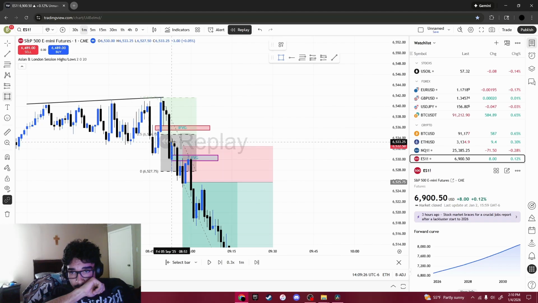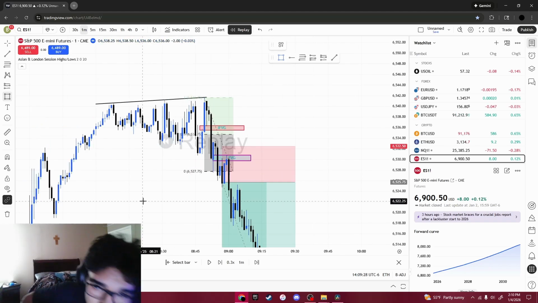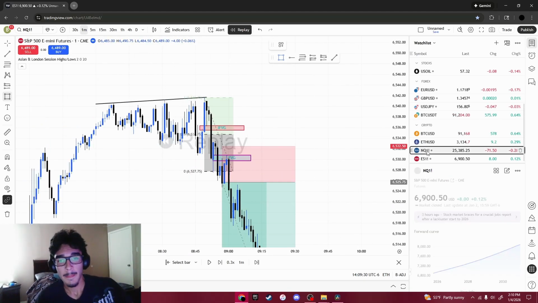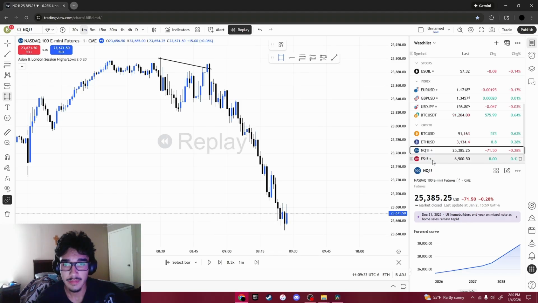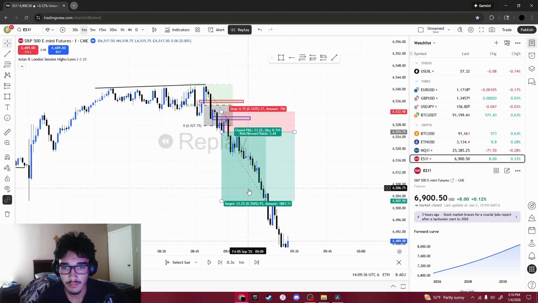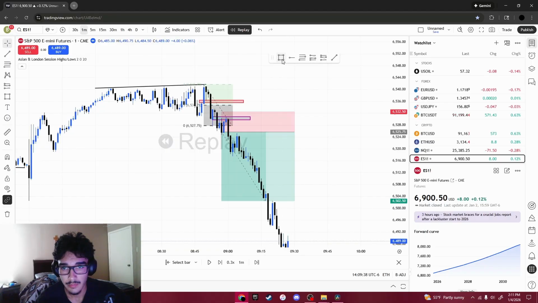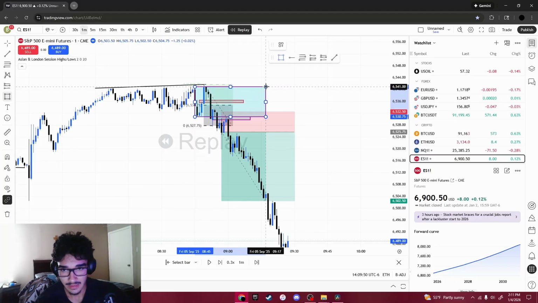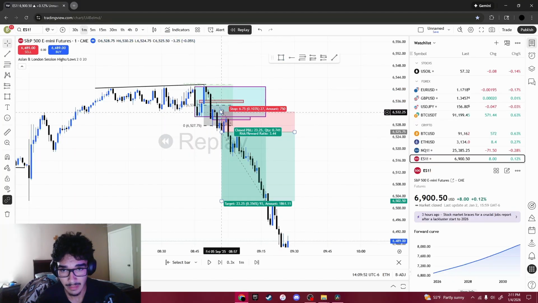Okay, so what were my confluences for this one? Bearish SMT divergence, inverse this fair value gap, which creates an inverse fair value gap, a reversal in the market, and it closes below this low, which creates this order block that it retraces back into immediately.